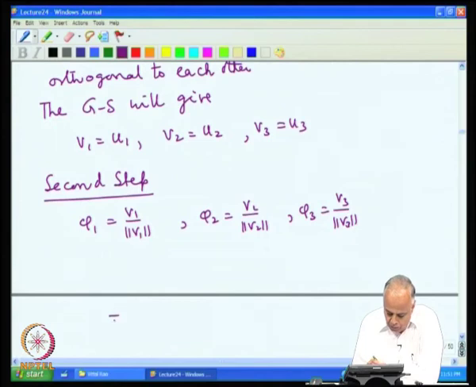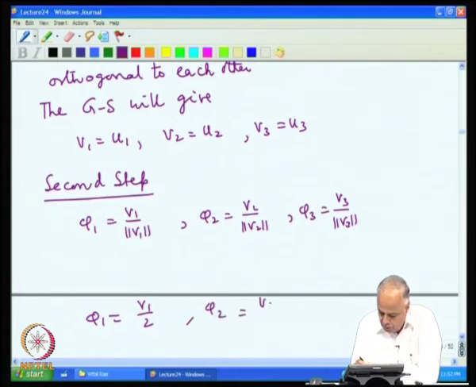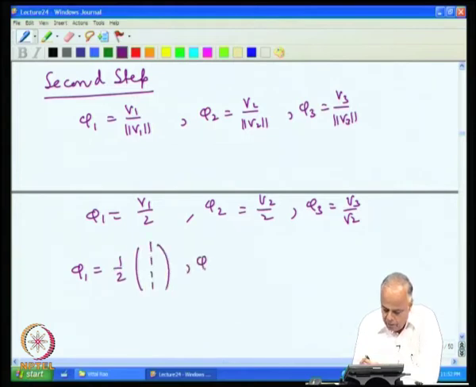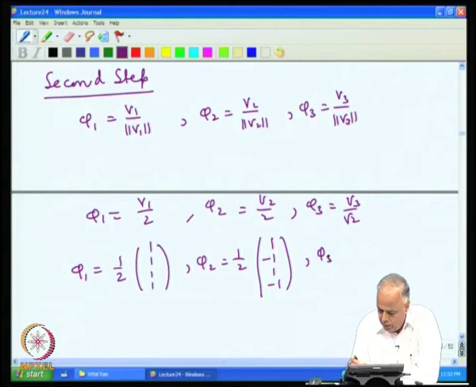So, phi1 is V1 by 2, phi2 is V2 by 2, phi3 is V3 by root 2, and therefore we get phi1 as 1 by 2 into 1, 1, 1, 1, phi2 as 1 by 2 into 1, minus 1, 1, minus 1, and phi3 as 1 by root 2 into 1, 0, minus 1, 0.